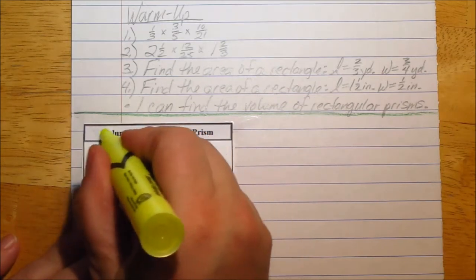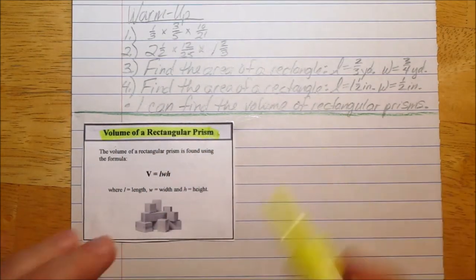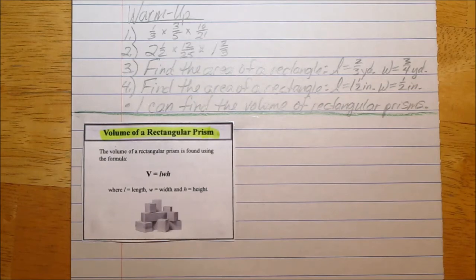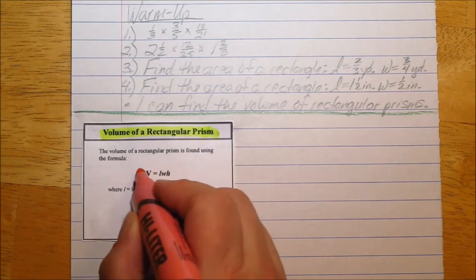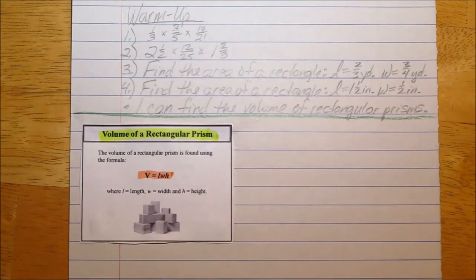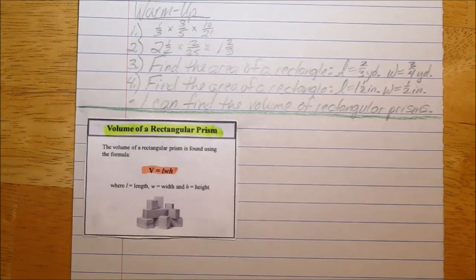Okay, so yellow highlighter highlights what we're talking about here. Volume of a rectangular prism. And my pink highlighter I'm going to use to highlight this formula. This formula we will use a lot. This is the formula for finding volume of anything, and you're probably already familiar with it.